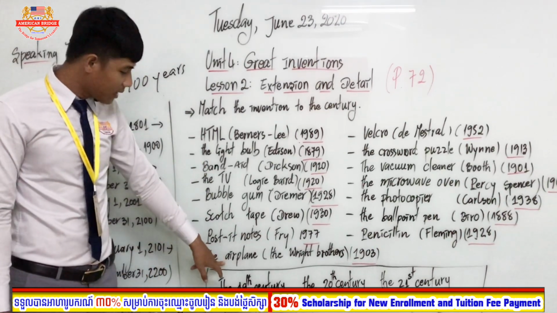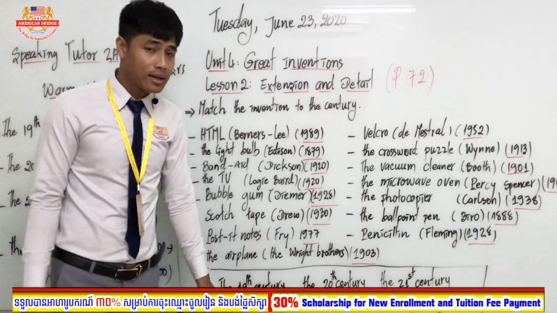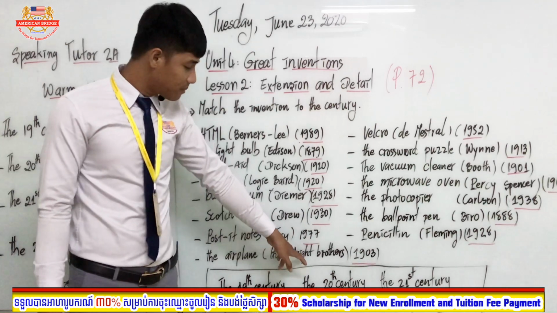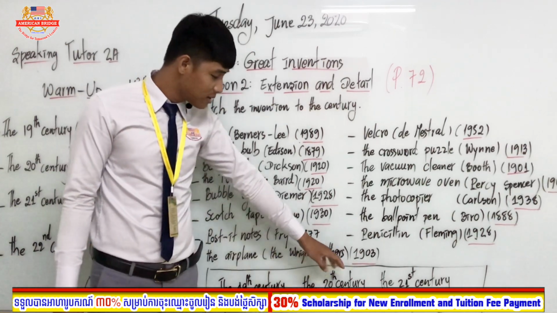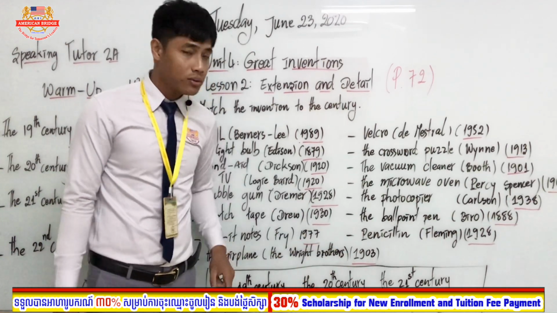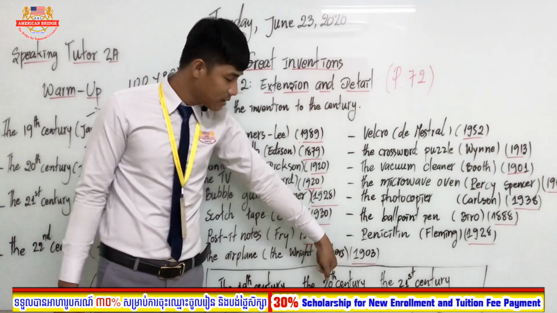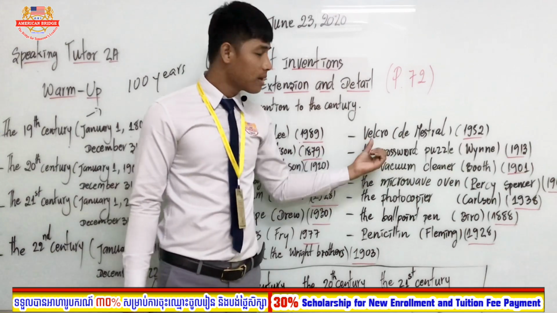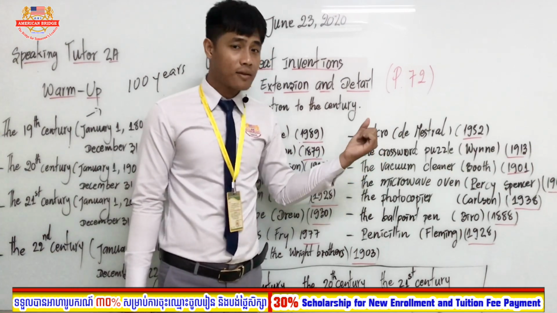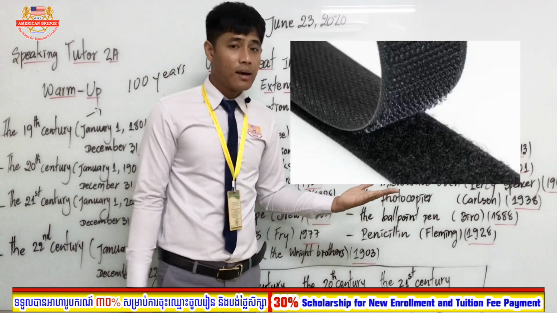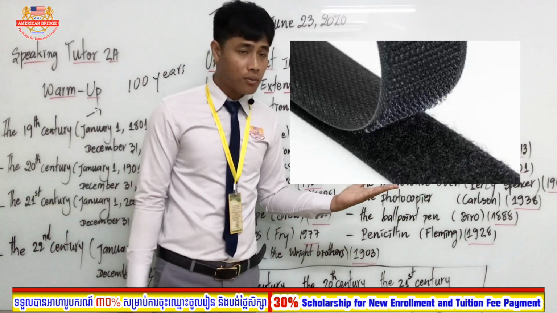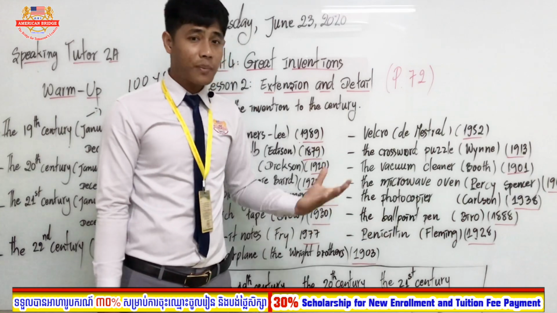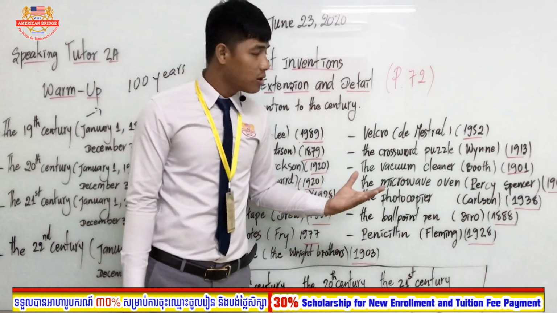The airplane. Okay, as you know already about the airplane. The airplane was invented by the Wright brothers. These two brothers invented it in 1903. Velcro. As you know already, Velcro. Let teacher show you on the screen again. Okay, this we call Velcro. Next, the crossword puzzle. You know already.